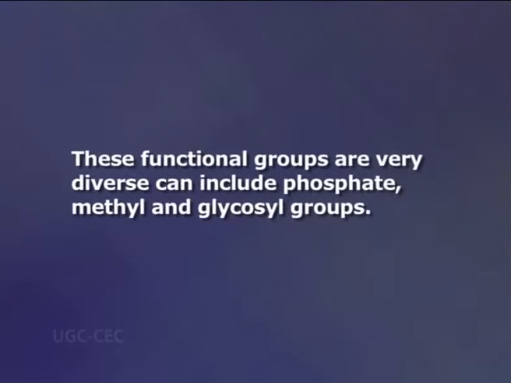Transferases are enzymes that catalyze the movement of a functional group from one molecule to another. These functional groups are very diverse and can include phosphate, methyl and glycosyl groups.